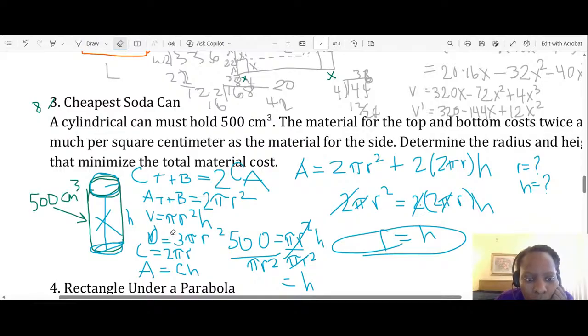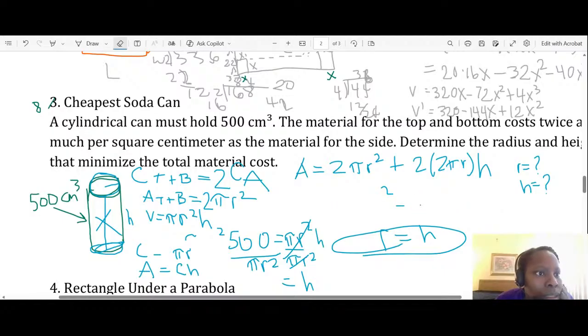Erase that. Okay, let's call this cost function.